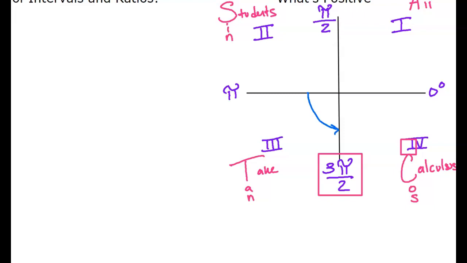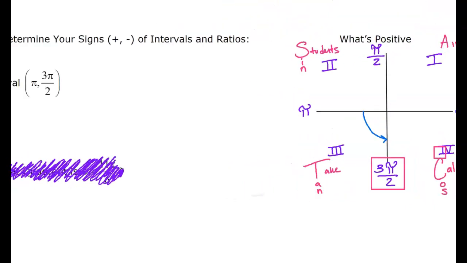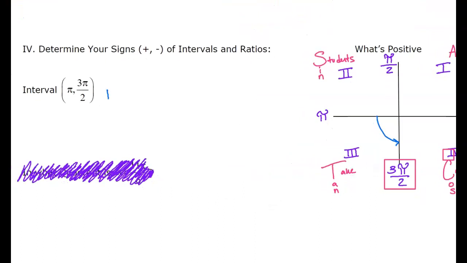Okay, so the interval from pi to 3 pi over 2 is this. It's asking in this interval which trig functions are positive. Which trig functions are in the interval from pi to 3 pi over 2?